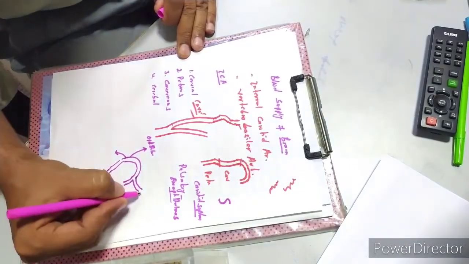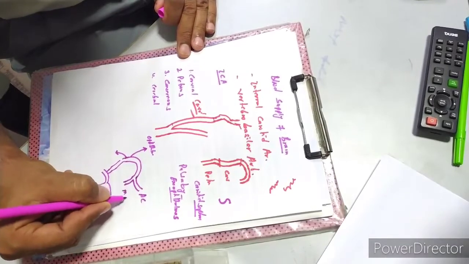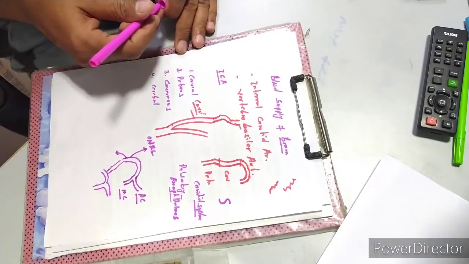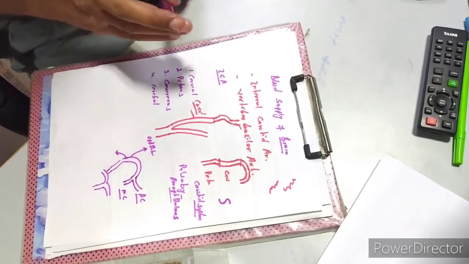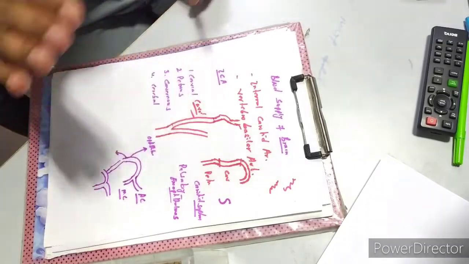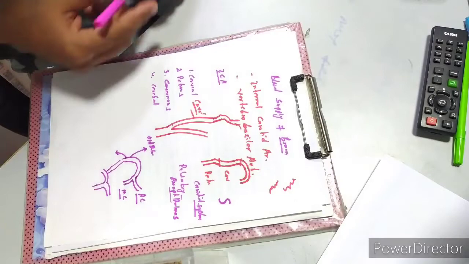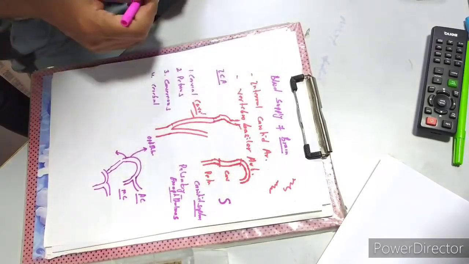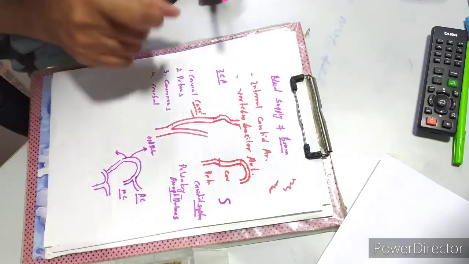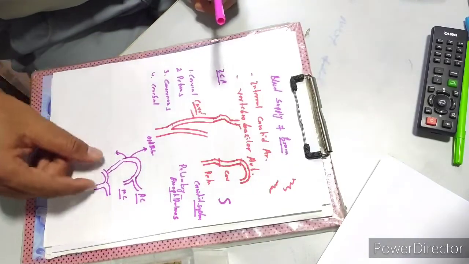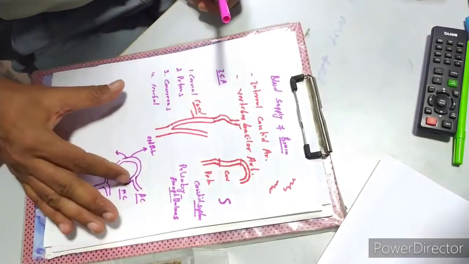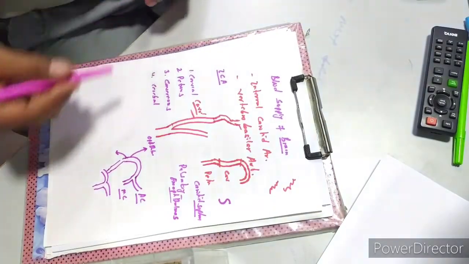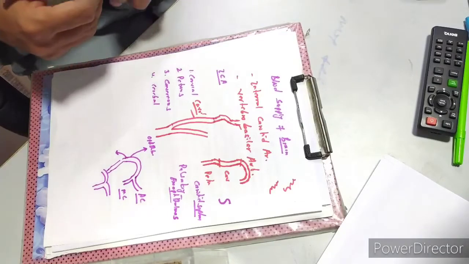The anterior cerebral artery supplies the medial surface and a strip on the superolateral surface. The middle cerebral artery supplies most of the lateral surface, except the superior strip and the inferior strip. Clear? So these are the branches of the internal carotid artery. Clear? Now, the vertebrobasilar arteries. What about the vertebrobasilar artery?